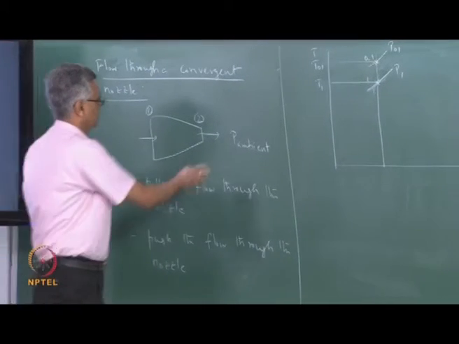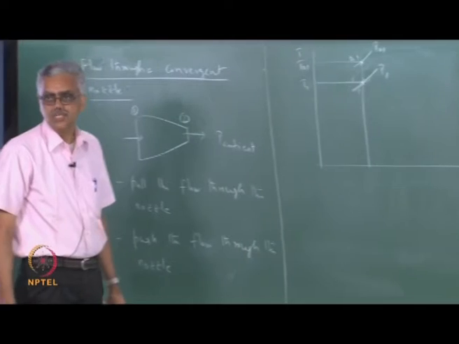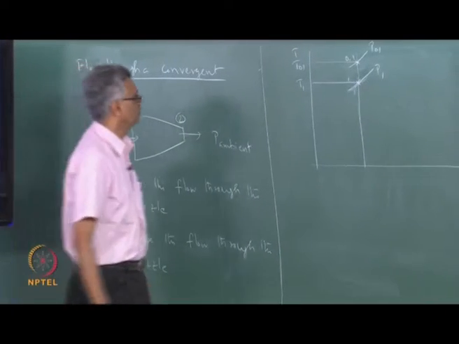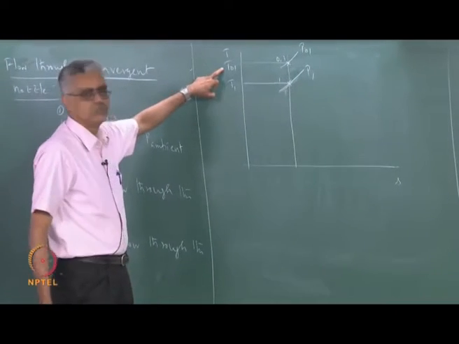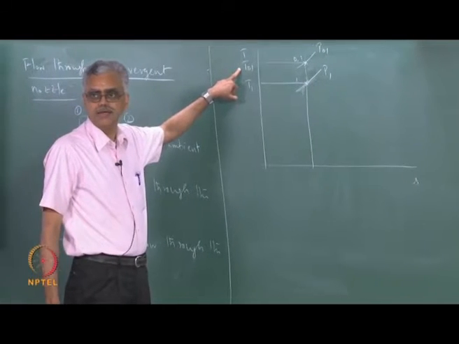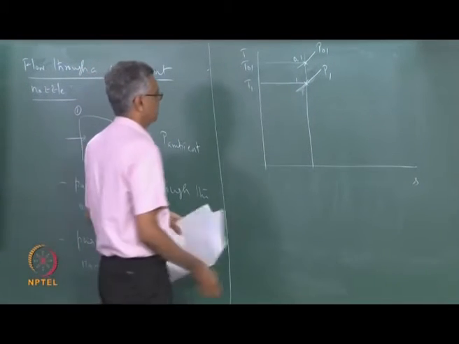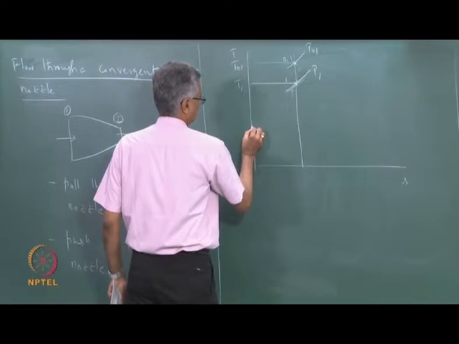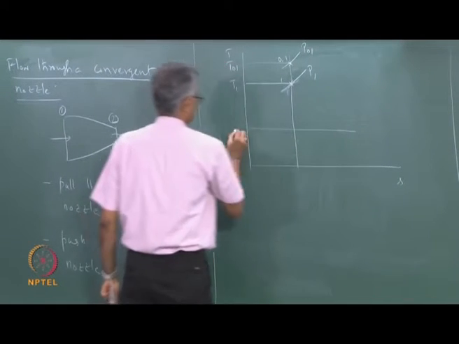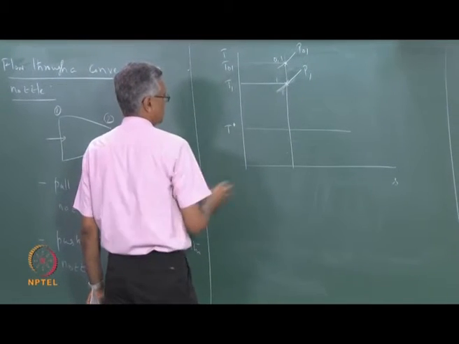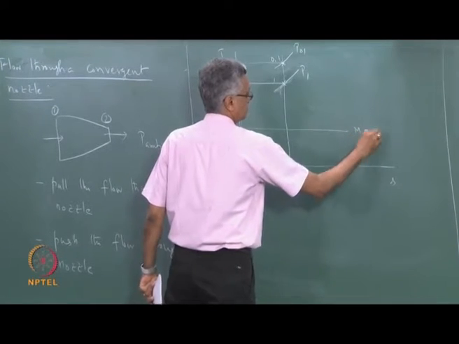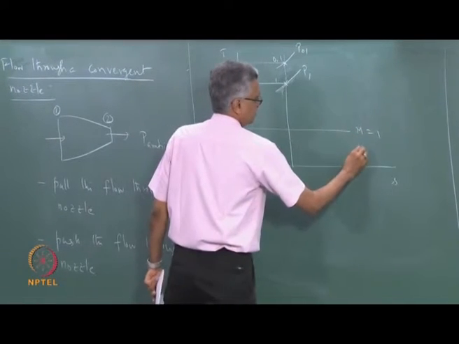Now the ambient pressure, in this case we are going to change the ambient pressure. So corresponding to this T01 I can evaluate a T star. Let us say that this is my T star and you know that T star corresponds to M equal to 1.